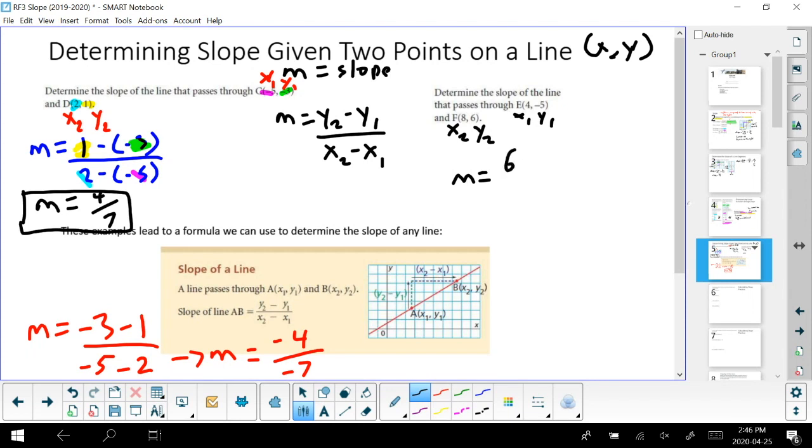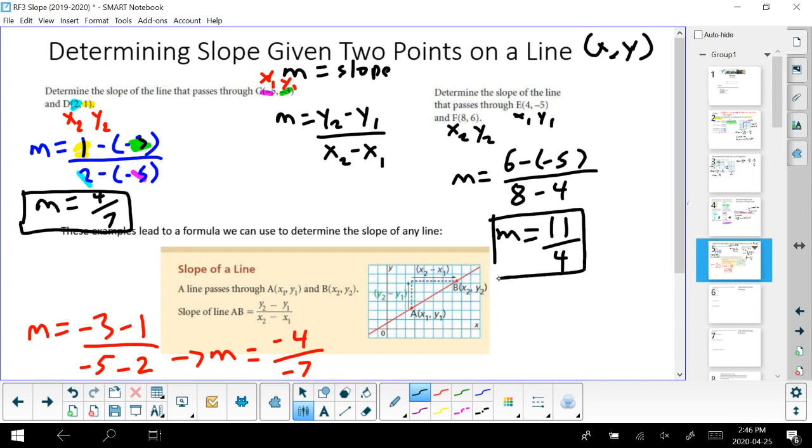So you've got 6 minus a negative 5 over 8 minus 4. So 6 minus a negative 5 gives me a positive 11 because that gives us 6 plus 5. And 8 minus 4 just gives me a 4. So I've got my slope there. M is equal to 11 over 4.